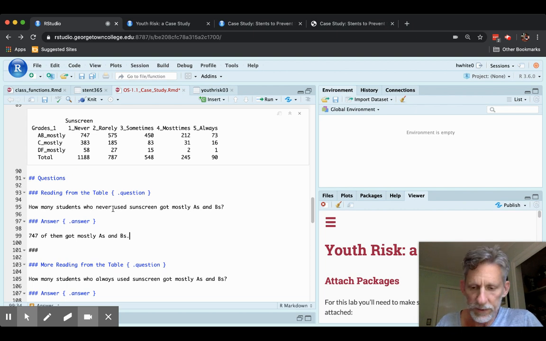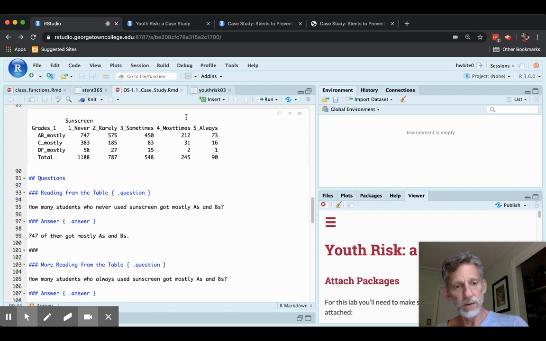So Control S or Command S is the easiest way, so that there's no more asterisk after the end of the file name up here where I'm waving my mouse. Your answers are now recorded in a way that when the homework is collected, I'll be able to see them. Remember, you can also save by knitting, and that's a good thing to do to make sure that the document still looks nice.